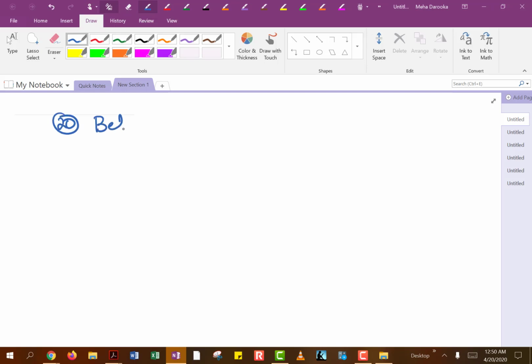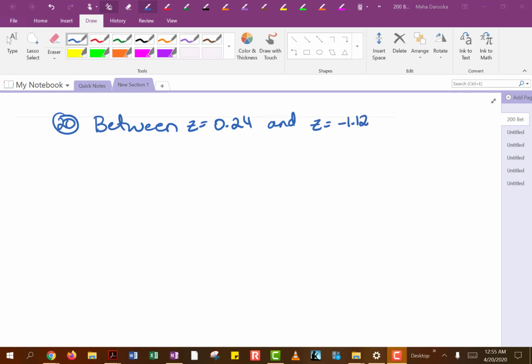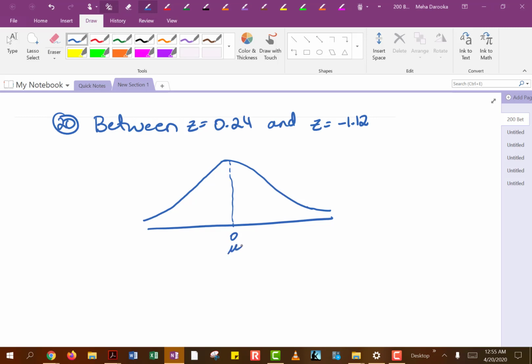So it's going to be the area between the z-score of 0.24 and the z-score of negative 1.12. Okay, so if we draw our little standard normal distribution curve, something like that, we know our mean is going to be in the middle at 0.